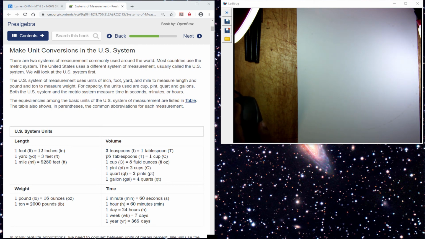We use these conversions to come up with something called unit rates. A unit rate is simply a rate that has the same measurement in different forms.